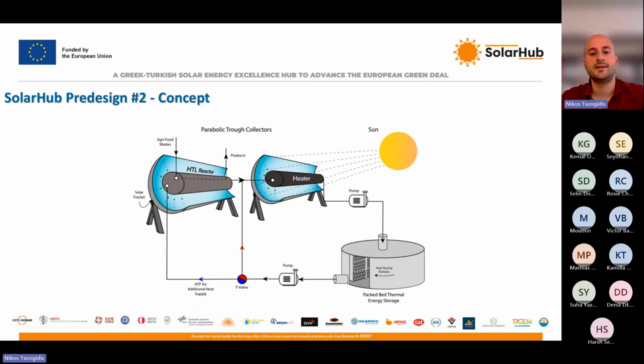The idea in this case is to have 2 main parts. The first part is the HTL reactor part, and the second part is the thermal energy storage part. In this case, we want to prolong the operation of the HTL reaction and make it run, if possible, round the clock. This is something that is currently under modeling tests and under modeling consideration.